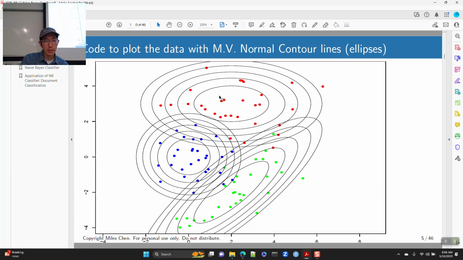For red and blue, the x1 and x2 variables are independent, but for green, class C, there is covariance between x1 and x2, and that's why the major and minor axes of the ellipses are not parallel to x1 and x2.